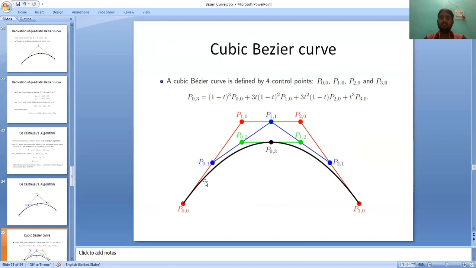So these are the equations. There are four control points. P01 is the middle of P00 and P10, P11 is the middle of P10 and P20, and P21 is the middle of P20 and P30. Again the middle of these will be P02 and P12, and again the middle of these will be P03. With the help of these points, we can draw the curve.